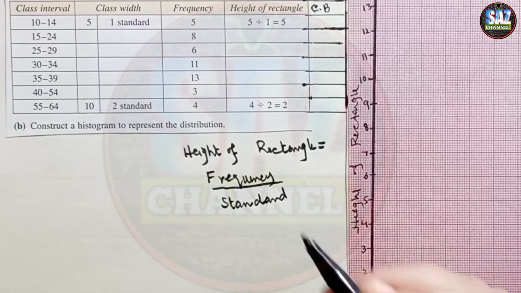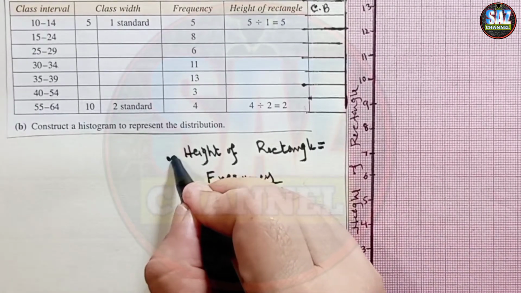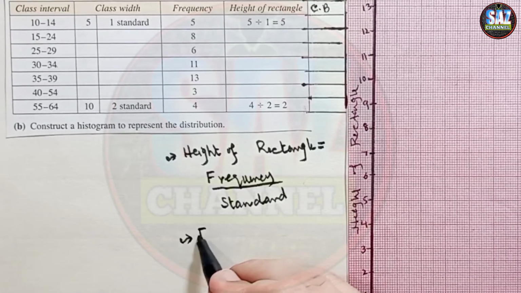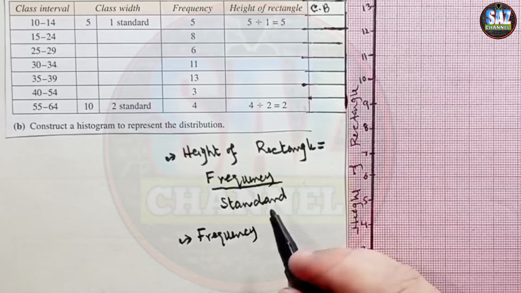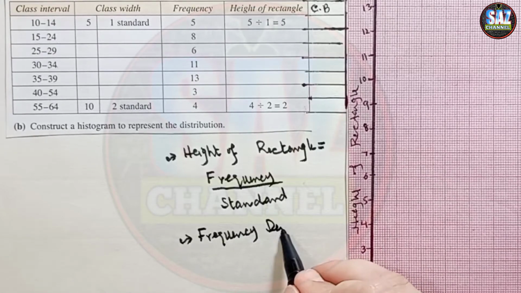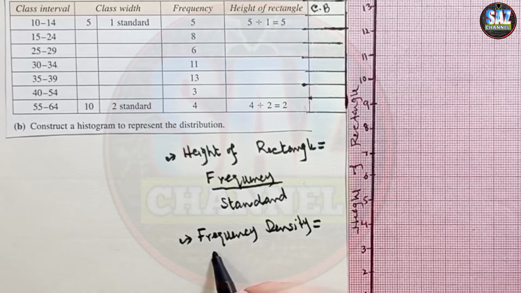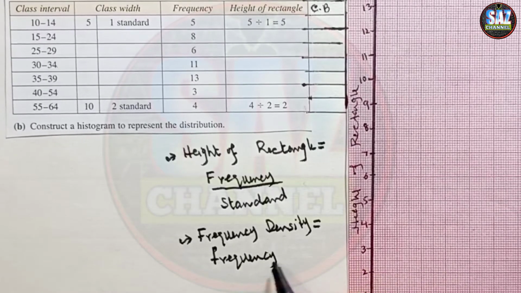We're going to discuss that in today's class. And the other is the frequency density, that is frequency upon class width.